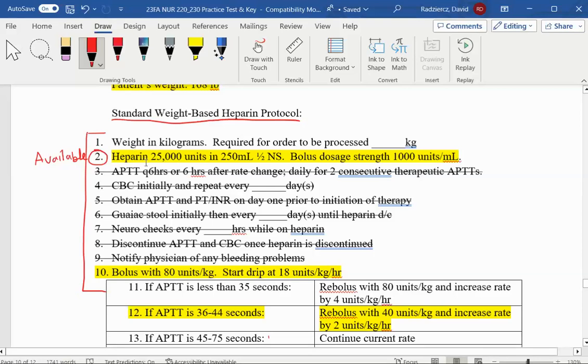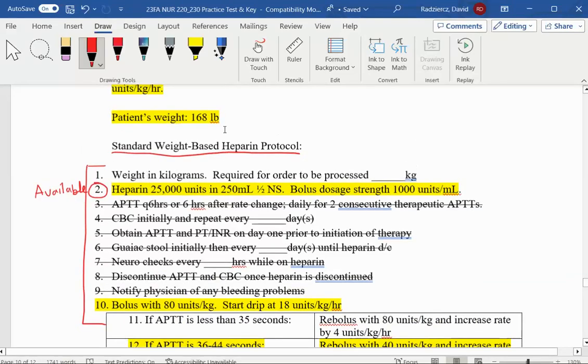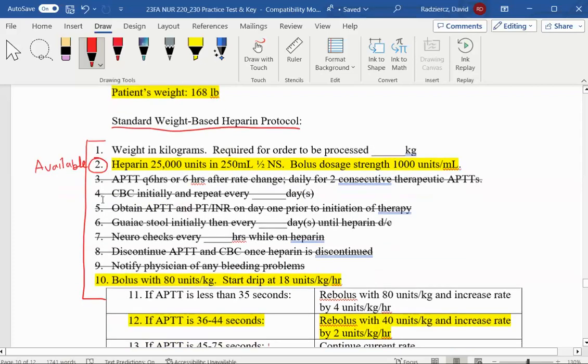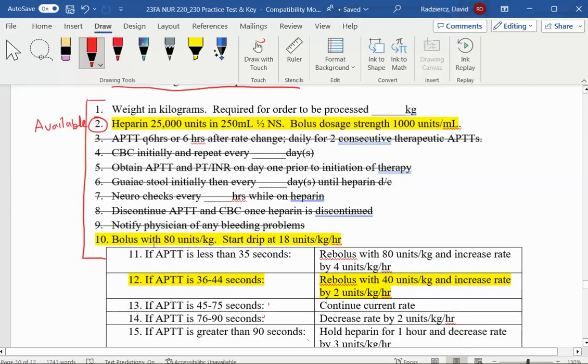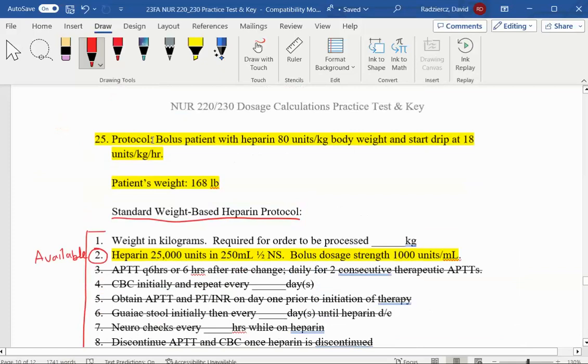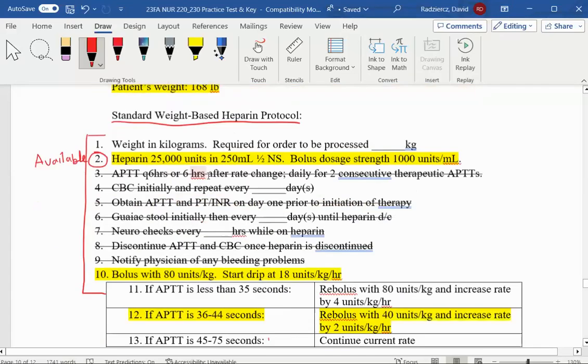What you need to worry about is converting the patient's weight in pounds to kilograms. You need to know what your available is, which is stated in step 2 of the protocol. And you need to know what your order is, which is stated twice: bolus the patient with 80 units per kilogram body weight, and then start a drip at 18 units per kilogram per hour.